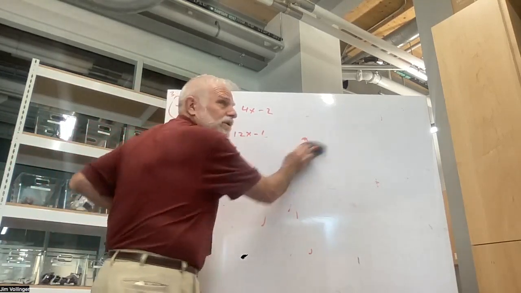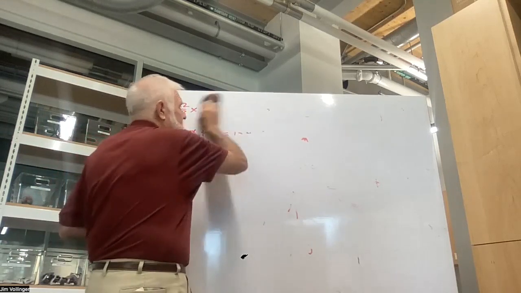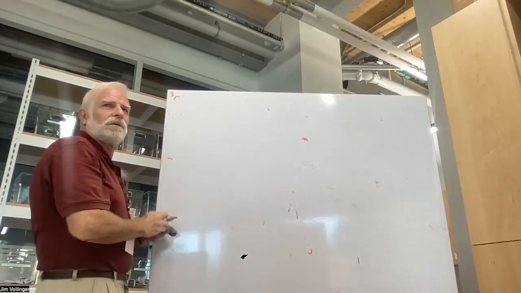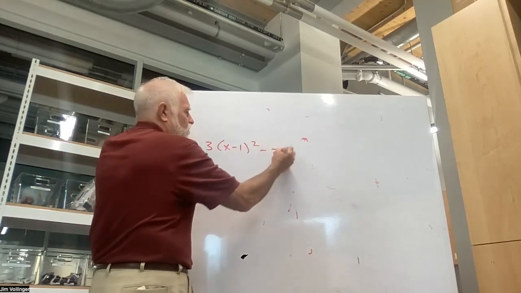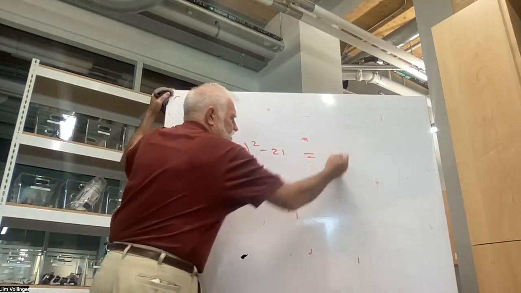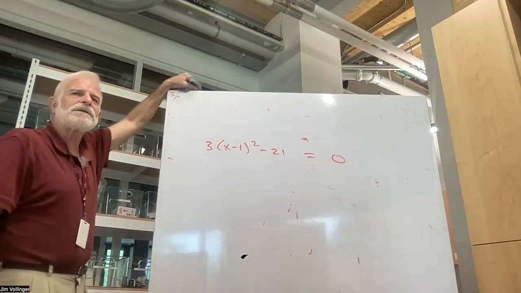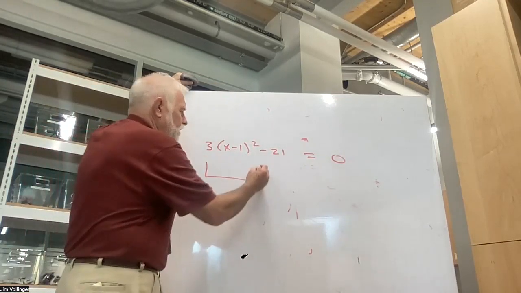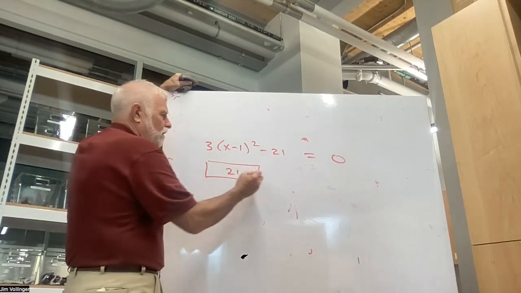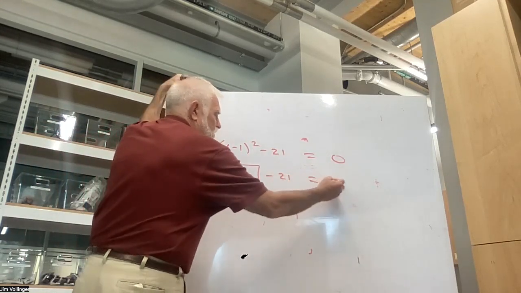All right, so the roots of q of x. The q of x is 3x minus 1 squared minus 21, and roots are places where graphs cross the x-axis. So, sure looks like to me, I need 21 minus 21 equals 0.